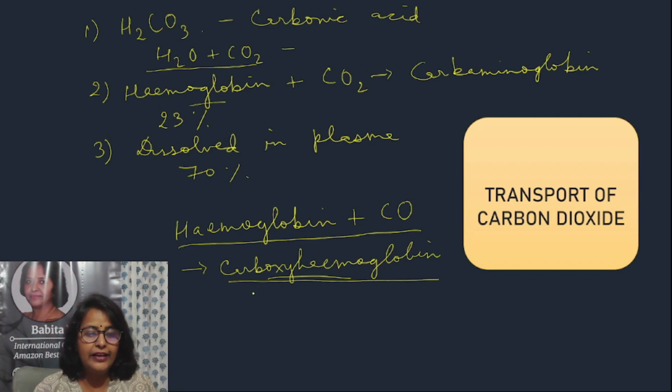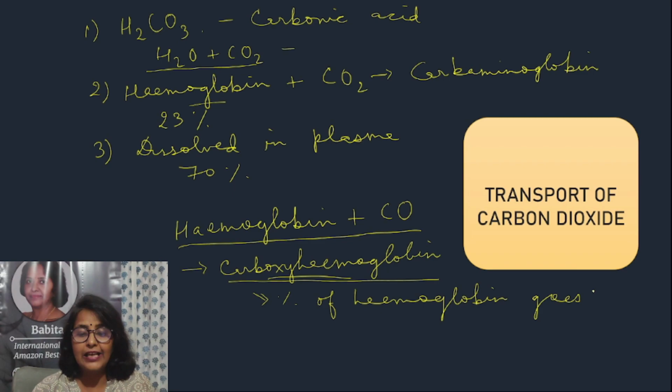So slowly, gradually, the percentage of hemoglobin goes on decreasing, and the person may ultimately die because of it. That is why it is advised not to sleep with something burning in your room where the room is completely closed and no fresh air is coming in.